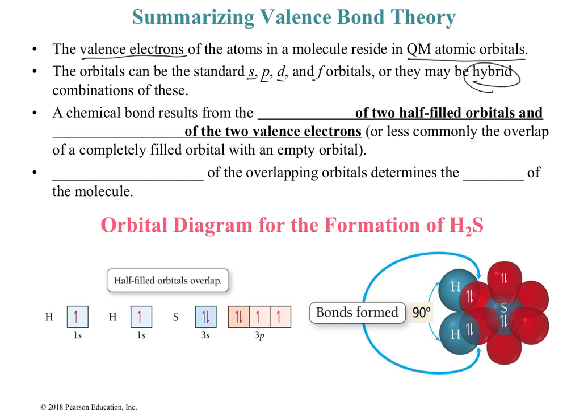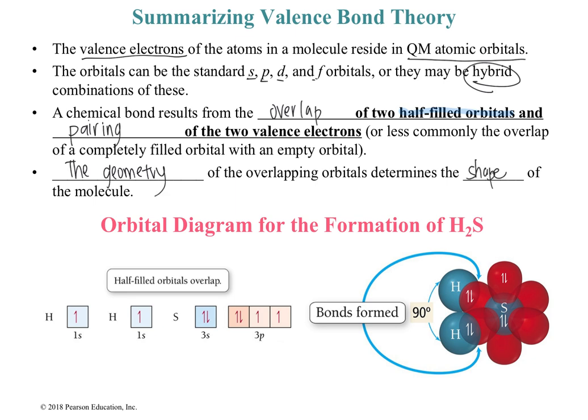A bond is going to happen when there's overlap between two orbitals that are half filled, with pairing of the valence electrons in each atom. Sometimes we can have something different, but for the most part, we're going to have pairing happening. And ultimately, the geometry of the orbitals is what's going to govern the shape of the molecule.